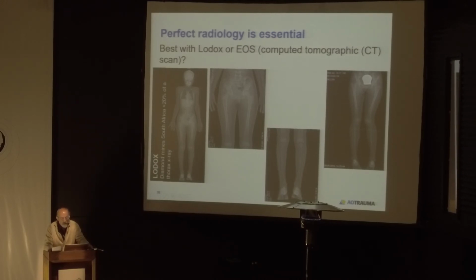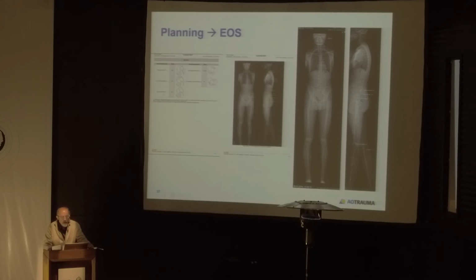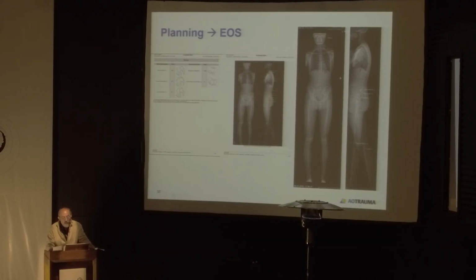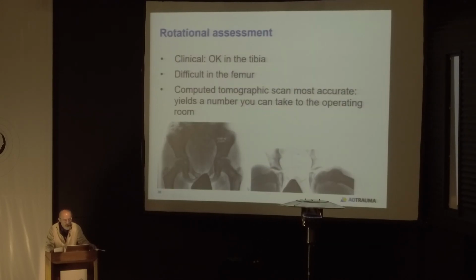That means such a total body X-ray has 10% of a normal thorax X-ray. What is important in the planning, in the EOS system today, we can make standing X-rays, AP and lateral. You see, this is very important for planning.